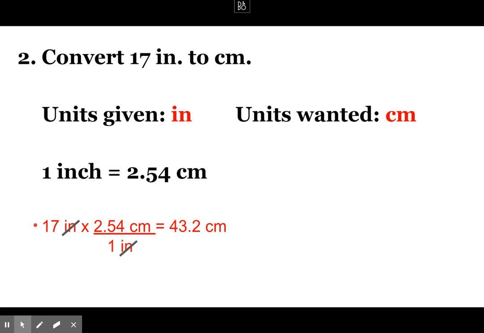So we start with what we were given, our 17 inches, and now we multiply it by our conversion factor of 2.54 centimeters over 1 inch. So we see here, our inches cancel each other out, and now we're going to end up in centimeters. So we punch it into our calculator, 17 times 2.54 is going to give us 43.2 centimeters.